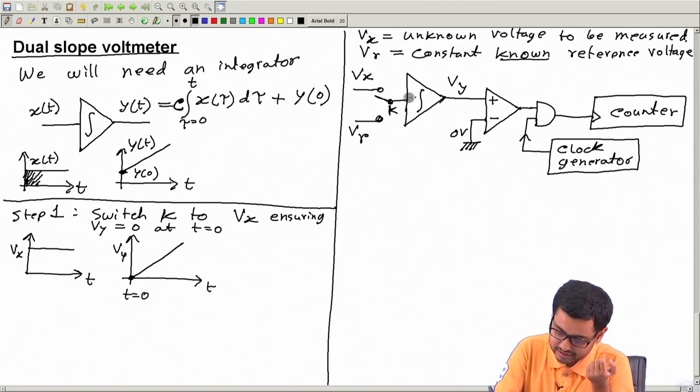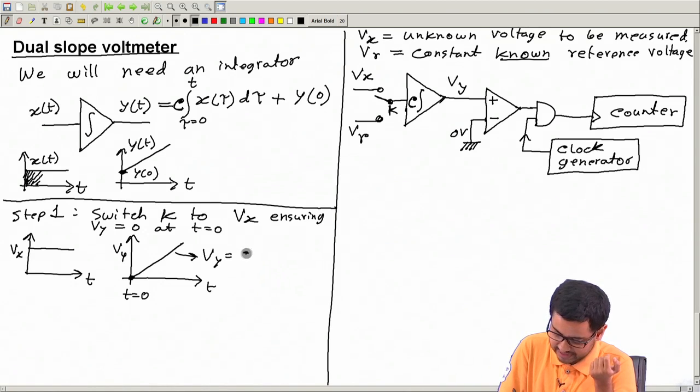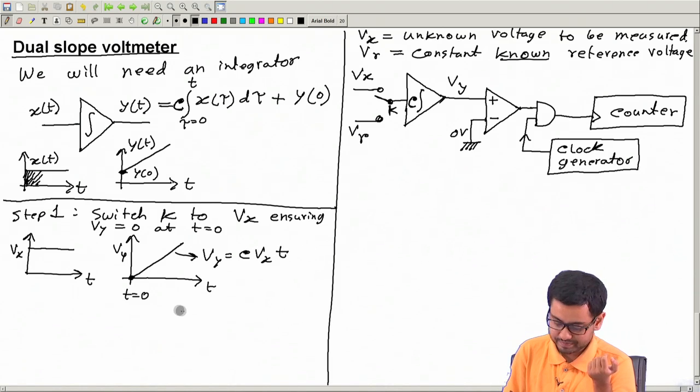Then I can write this as a function of time: Vy is equal to c multiplied by Vx multiplied by t. Vx t is the result of integration of Vx over time, multiplied by c. This is how Vy is increasing, linearly with time.